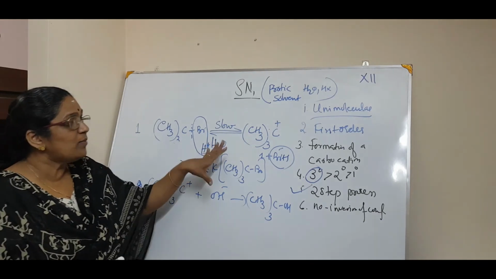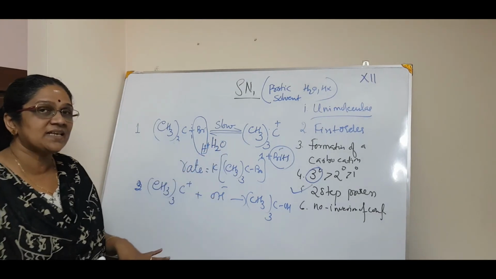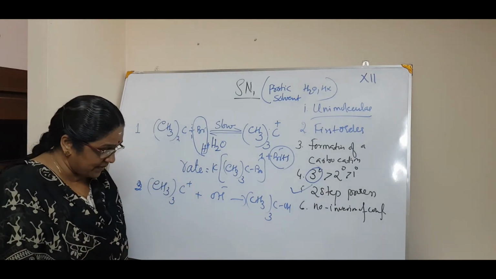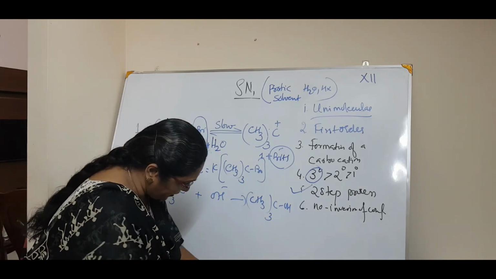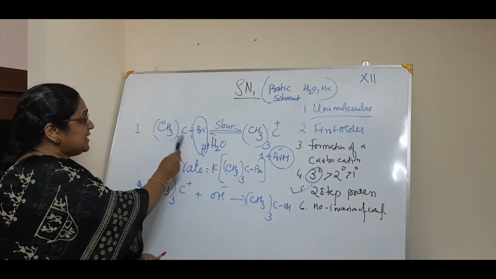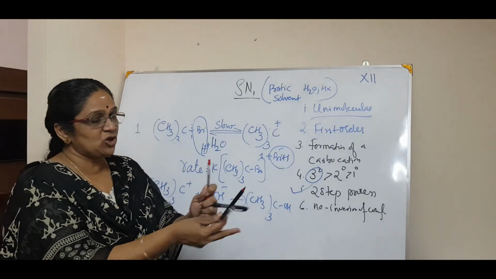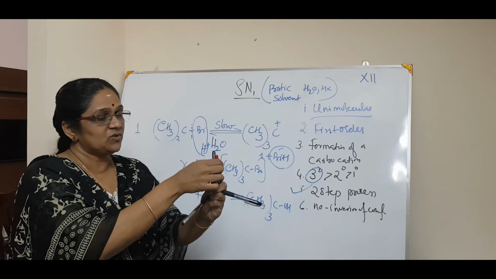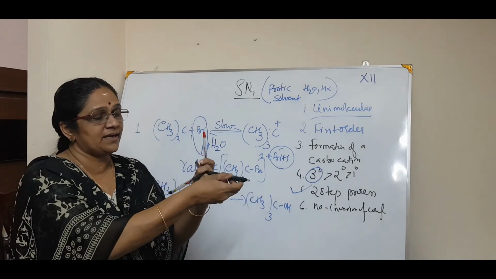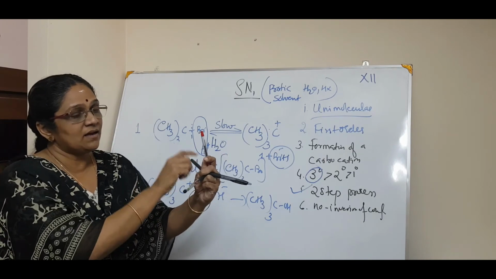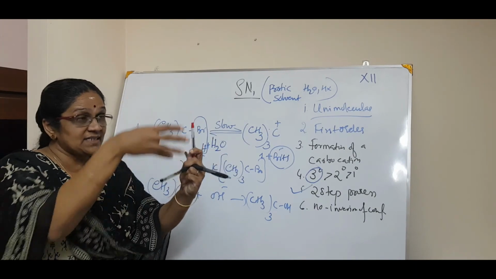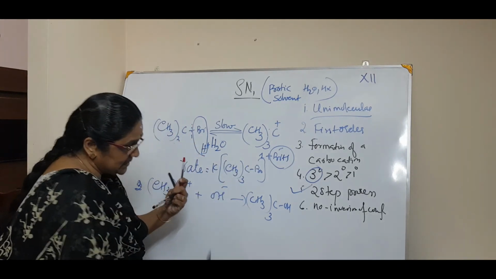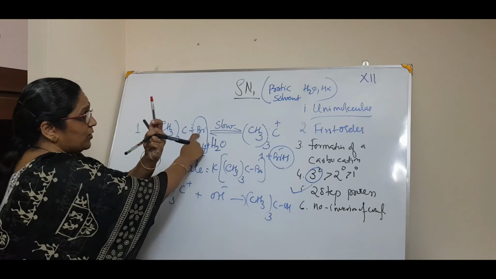Then here one more thing is happening, the change in geometry. Listen, in the geometry, (CH3)3CBr means what? If I have a geometry like this, this is CH3, one here and the other here. This is a bulky CH3, this is a bulky CH3, this is a bulky CH3, and this is the C-Br bond.